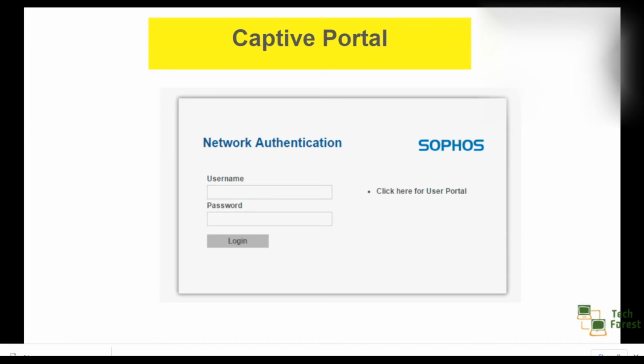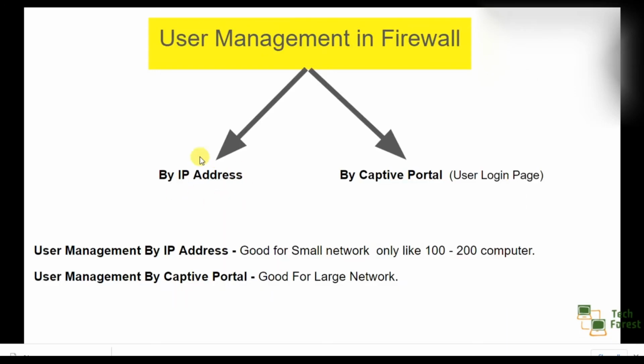One question may come to your mind: when do we use IP and when do we use captive portal? So the answer is, this IP address option is good for small networks only, like if we have around 100 or 150 or 200 PCs or devices in our network, we can maintain a sheet so that we can apply all the policies on IP addresses.